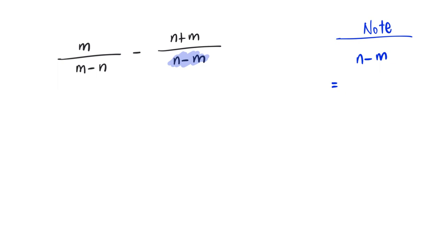I take out negative 1 as the common factor. I will have negative n, positive m, because if I expand them out, negative times negative will still give me back my positive n. Negative times positive will give me back my negative m.